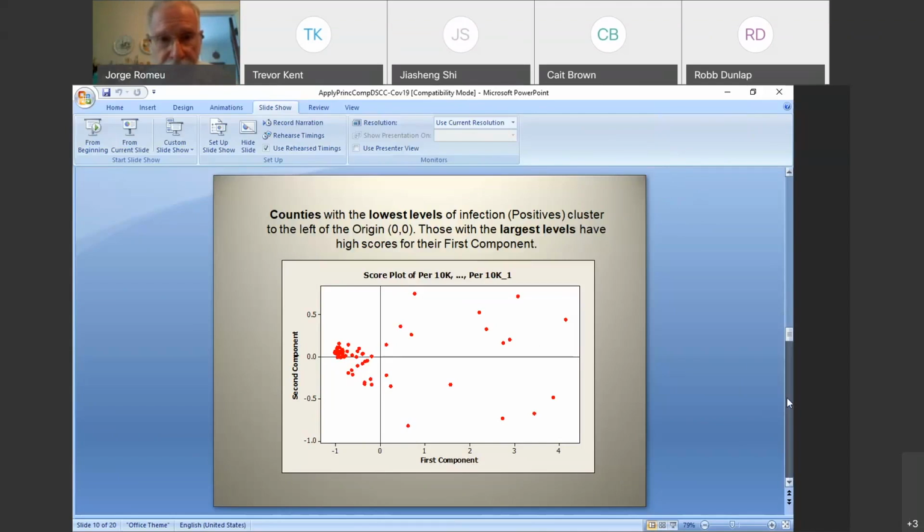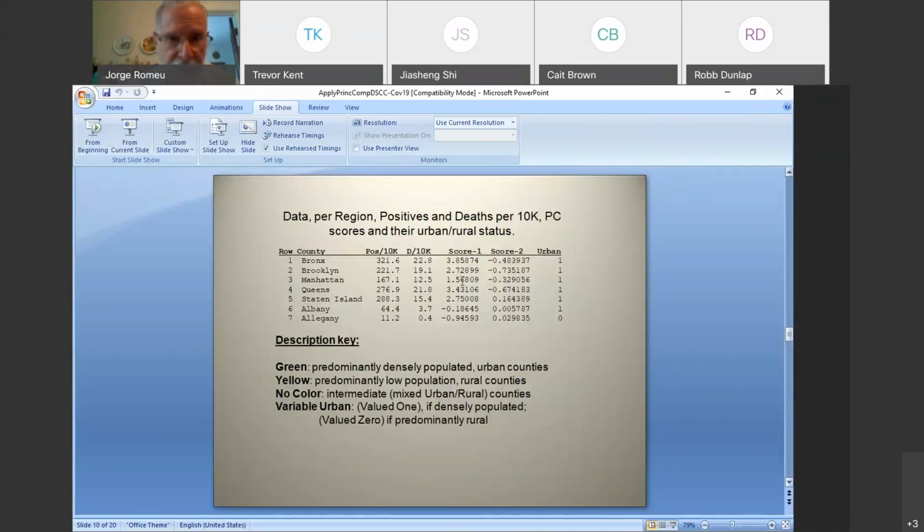Now, we have a score corresponding to the counties, and corresponding to urban and rural. In our paper, you will find that they are given in different colors, so you can read them there.